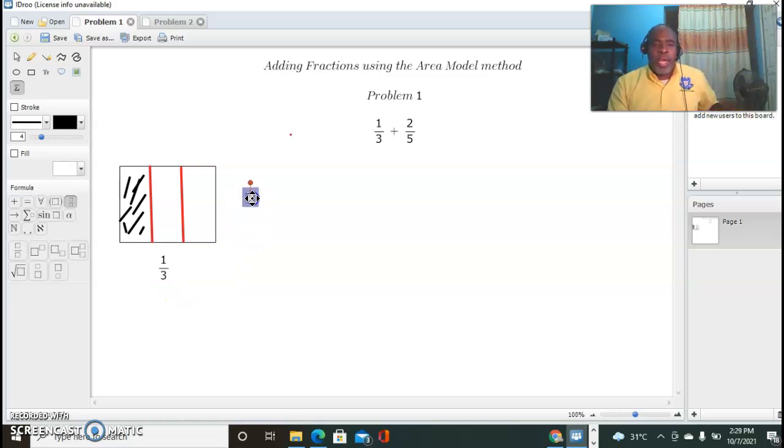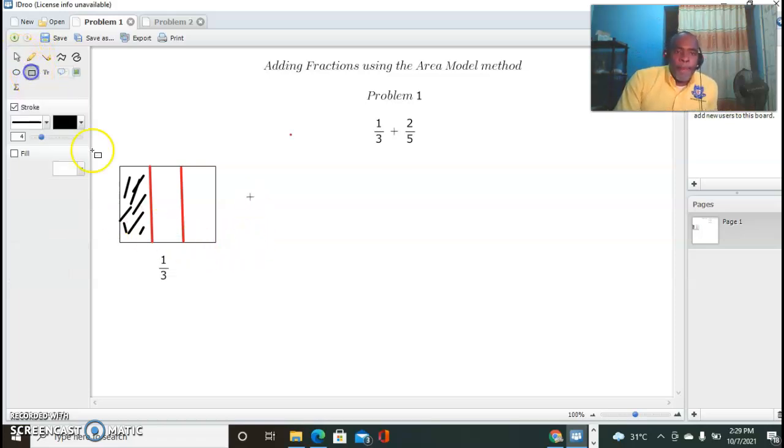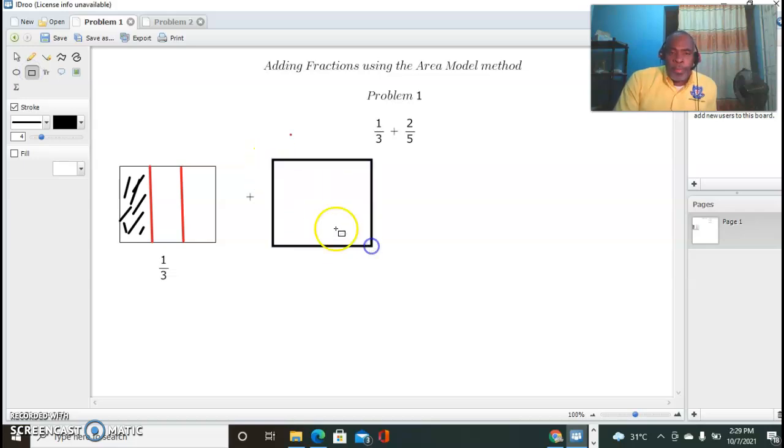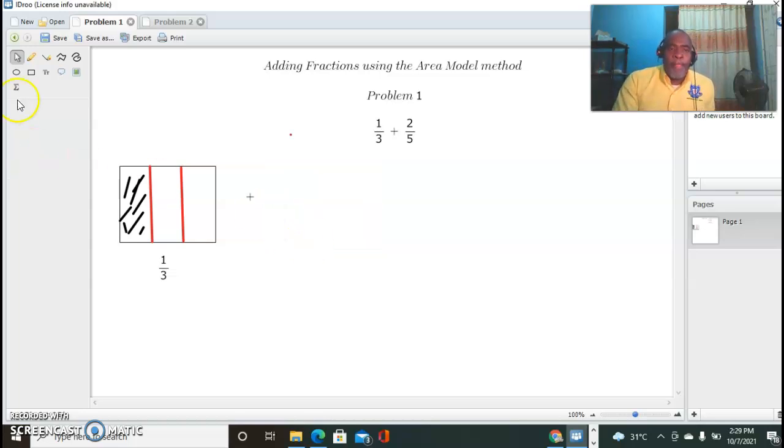Okay, then I'm going to add now. I'm going to take another rectangle, a different rectangle.